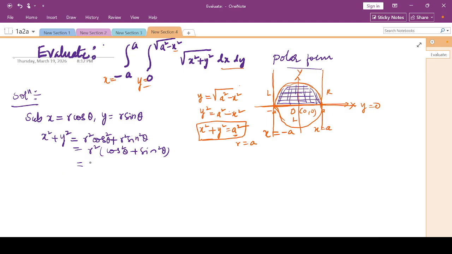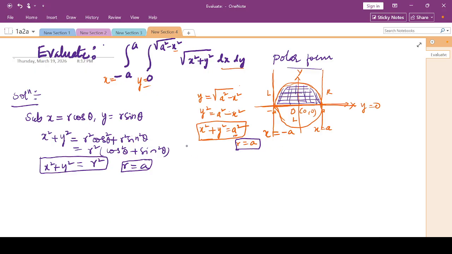Therefore you get just r square, or x square plus y square equal to r square. In the given example, the value of r is a. I have already mentioned that.